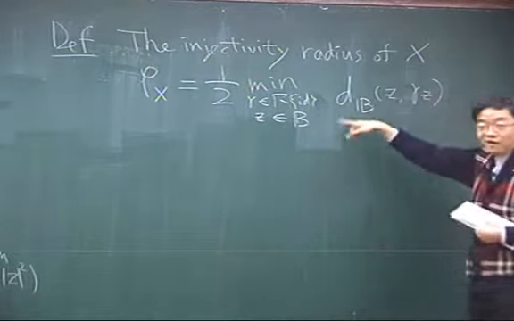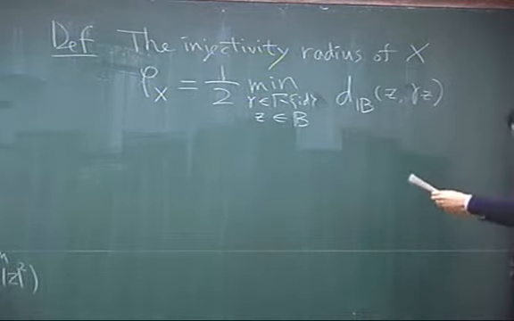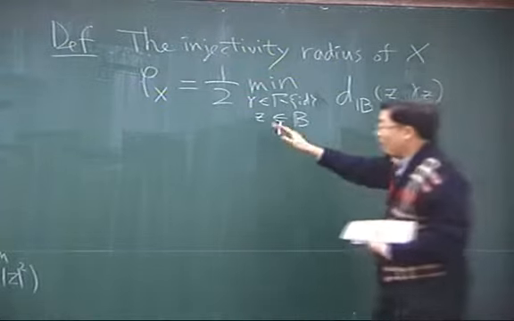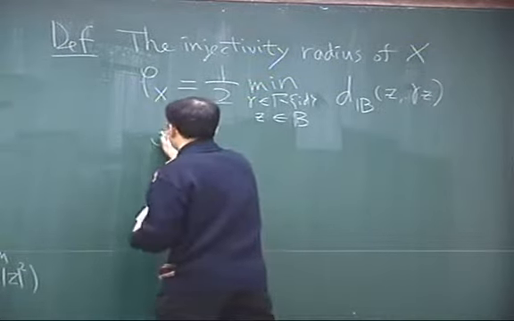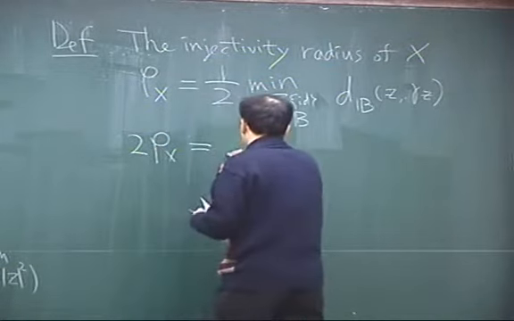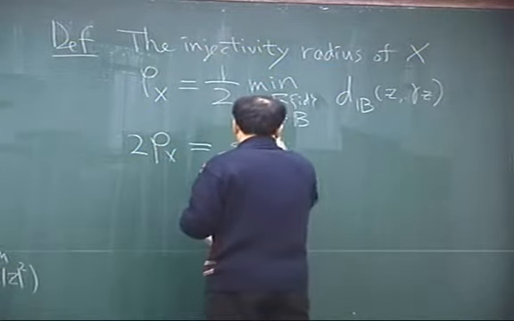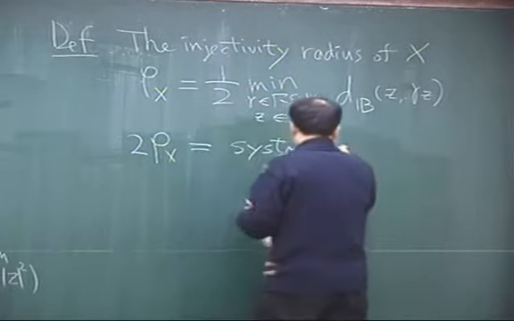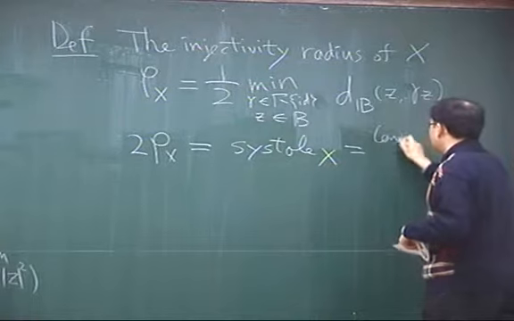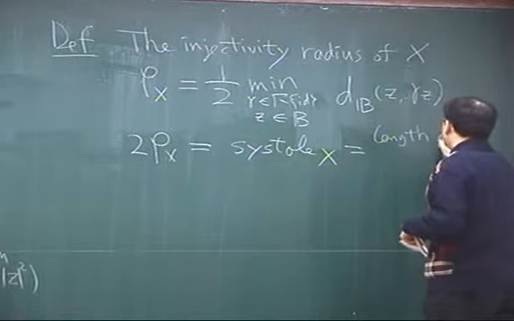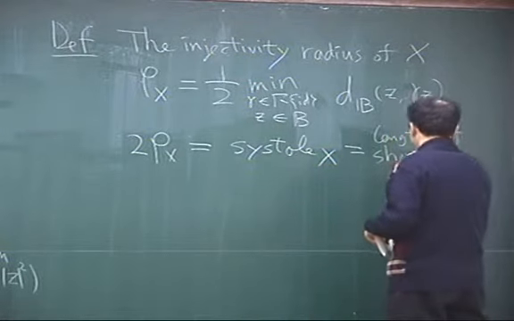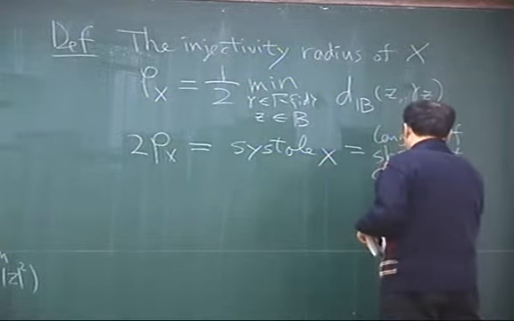That's the definition of injectivity radius. And if it's not easy to visualize, you can also define it as, twice the injectivity radius is what's called the systole of X. And this means it's the length of the shortest closed geodesic.